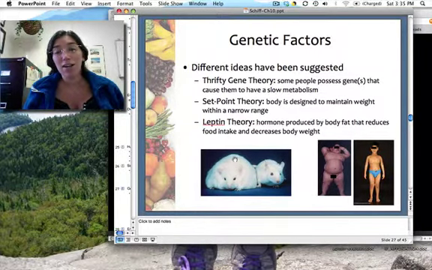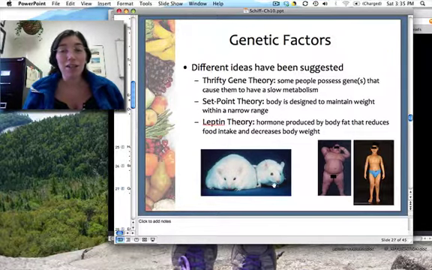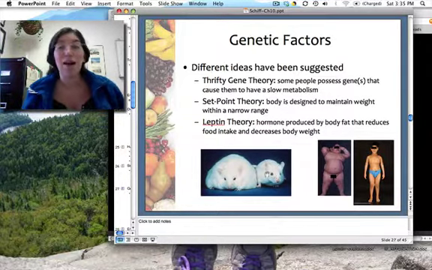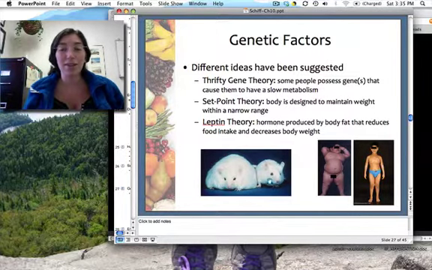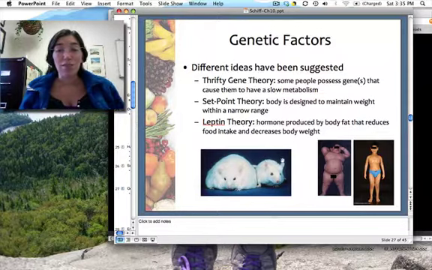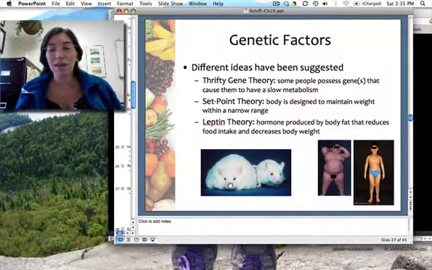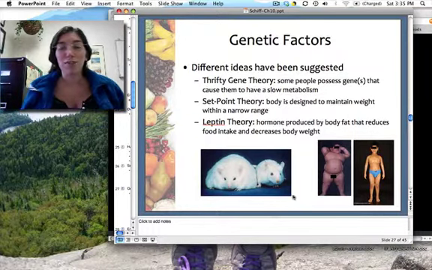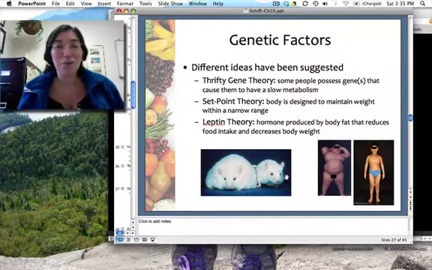They took another mouse that had the same mutation and treated it with leptin, and it basically cured the mouse. It ate less and did not become obese. Both of these mice in this picture are missing their leptin gene, but one has been treated with leptin and one has not. Actually, I shouldn't say that for sure. I'm not sure that's exactly what these are, but that's what would happen.